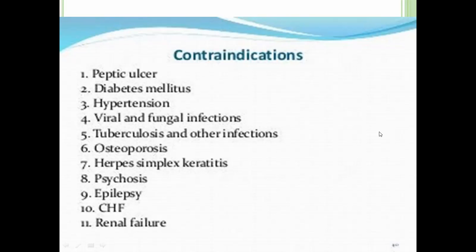What type of disease is it? The next chapter is on this disorder, TB and leprosy. TB is a bacterial infectious disease. It mainly affects the lungs. So in such conditions, they are contraindicated.